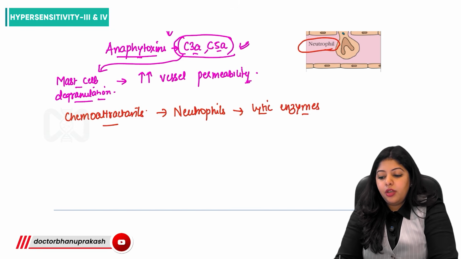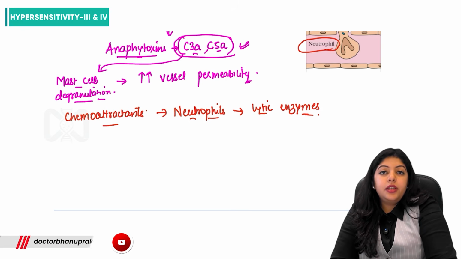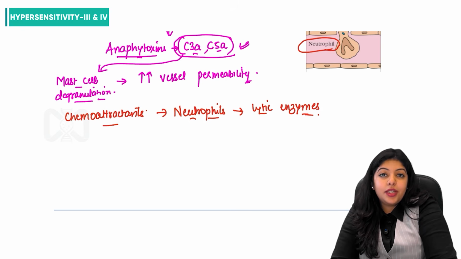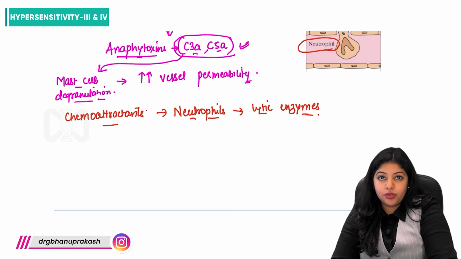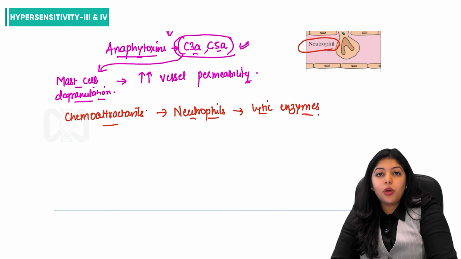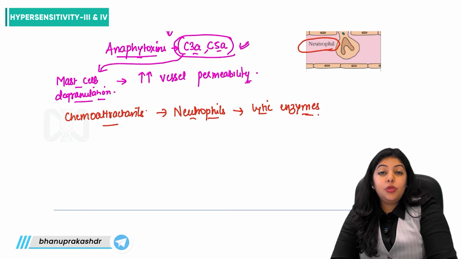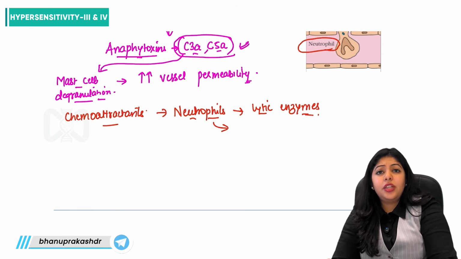Right? So the ultimate goal of recruiting these inflammatory cells is to get rid of those immune complexes which are getting deposited, right? But these neutrophils are not potent enough to destroy those large immune complexes. So instead of the immune complexes being destroyed, these neutrophils release lots and lots of lytic enzymes.